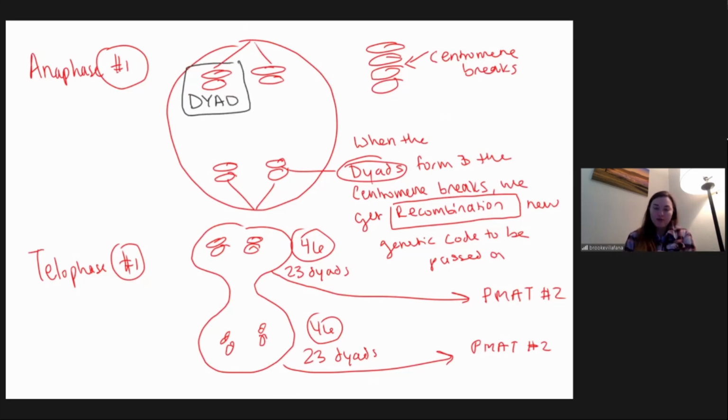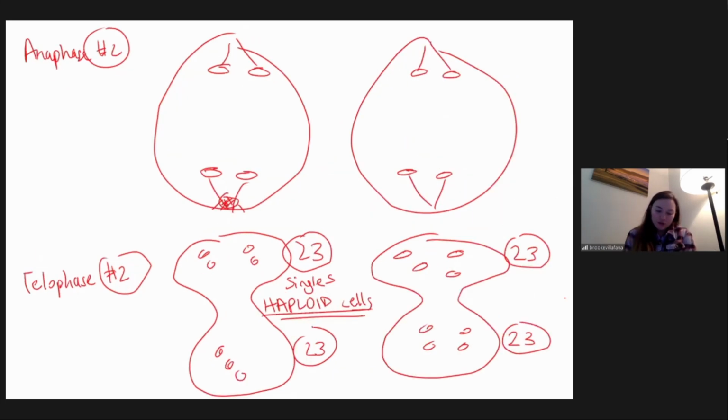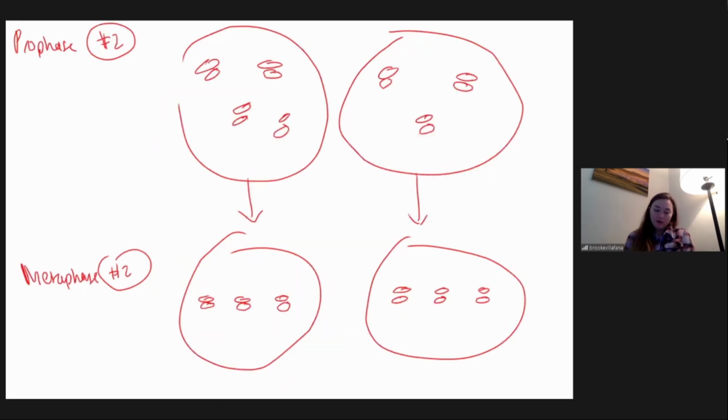So tetrad is 4, dyad is when they pull apart into 2. And then haploid is when they eventually become just 1. So that's kind of the easiest way to think of it. Haploid is when they're 1. Dyad is when they pull apart right here from being originally a tetrad. So tetrad goes to dyad, goes to haploid.